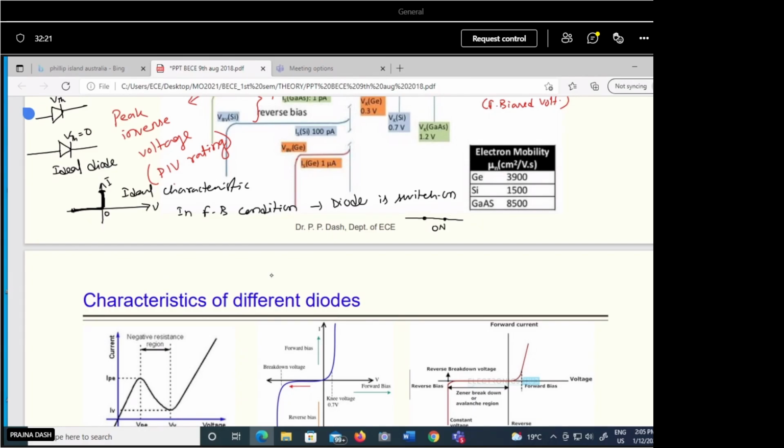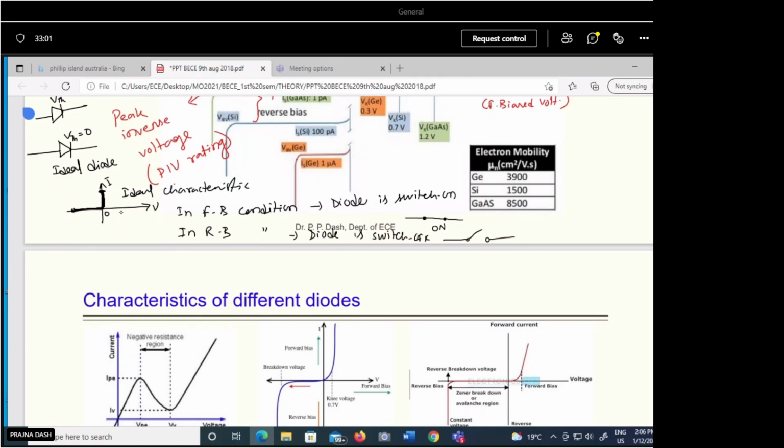In the reverse biased condition, the diode is switched off, or the diode can be replaced by an open switch. So this is the switching characteristics of the diode. If we assume the diode has ideal behavior, then at the instant the diode enters the forward bias region we get maximum current, otherwise the current will be 0.